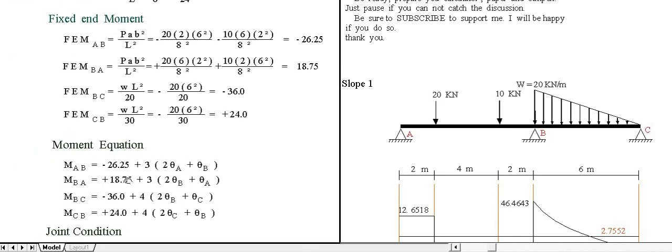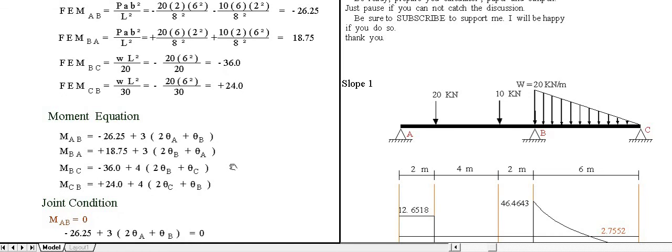So the stiffness factor times 2 theta A plus theta B. While the moment equation for BA: fixed end moment is 18.75 plus 3, the stiffness factor, times 2 theta B plus theta A.